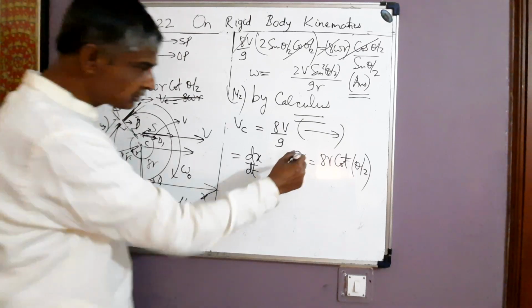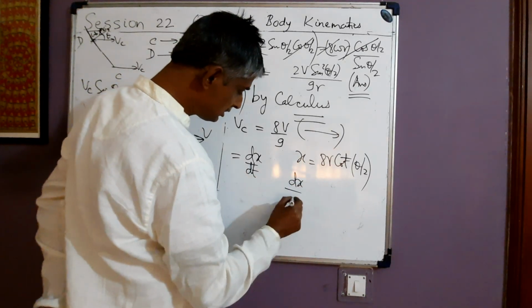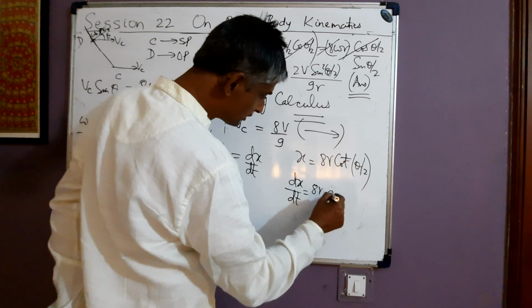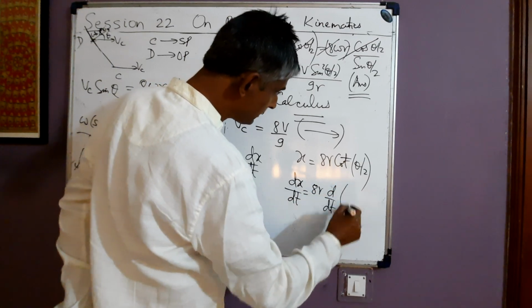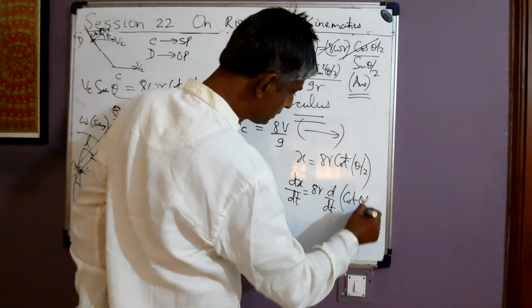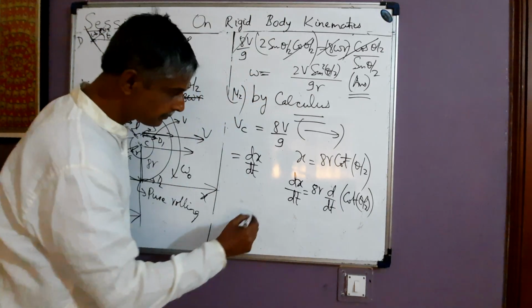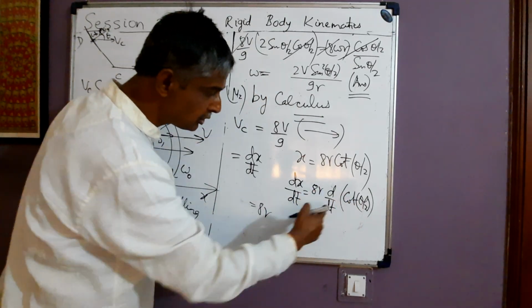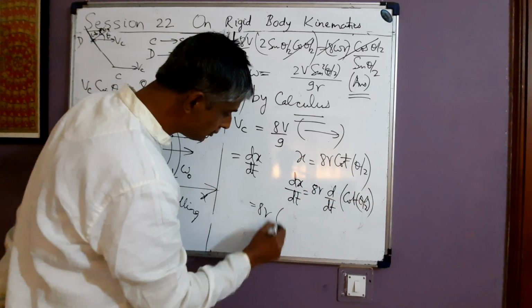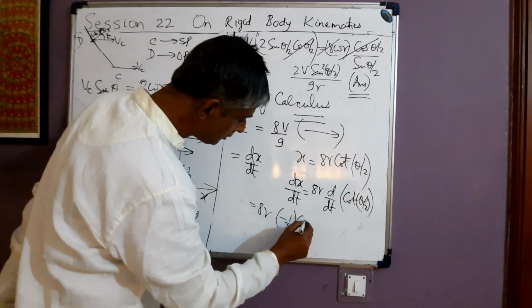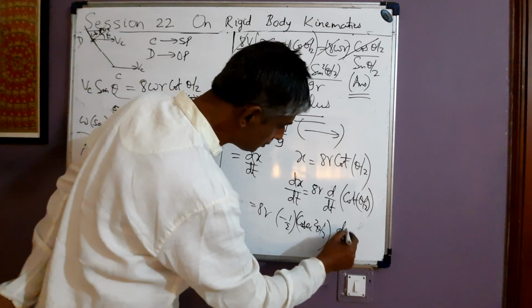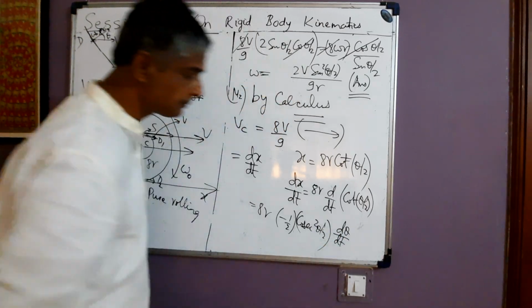So we differentiate it now. dx by dt: 8r comes outside, d by dt of cot of theta by 2. We apply the chain rule: d by d theta of cot theta by 2 is minus half cosec square theta by 2, into d theta by dt.